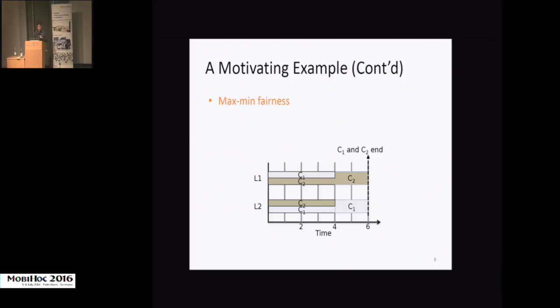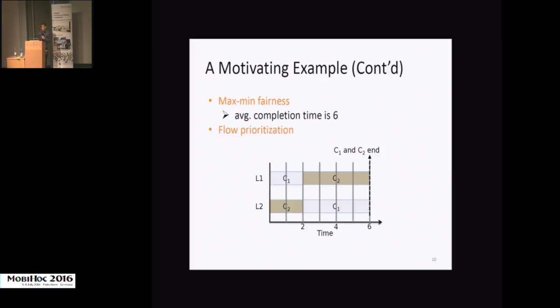By doing so, both applications will end their transmission when the time reaches 6. Here we use the average CCT, which is short for Coflow completion time, to evaluate the performance. Therefore, max-min fairness achieves an average completion time of 6.